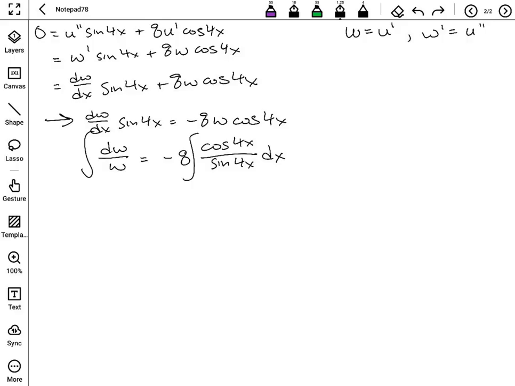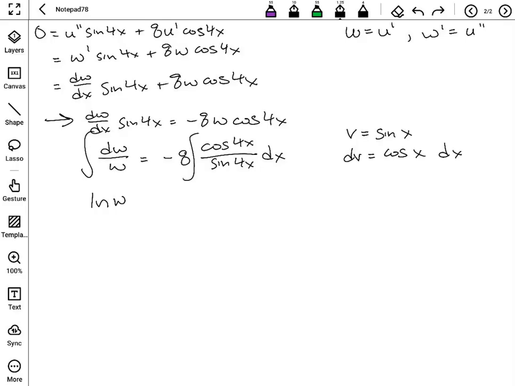U substitution will get me through the integral on the right side. The left side just becomes natural log w. And then for the right side, I don't want to use u because that's going to be confusing with it having come from above, so I guess I'll do v, but this is like u substitution. If I make v equal to sine 4x, then dv is the derivative of sine, which is just regular cosine 4x dx.